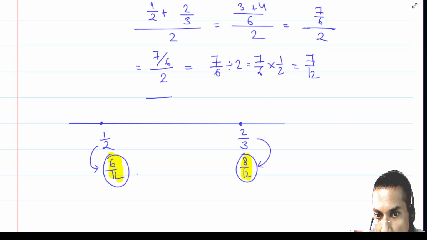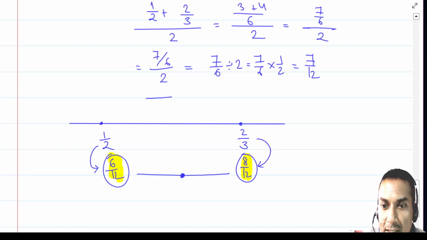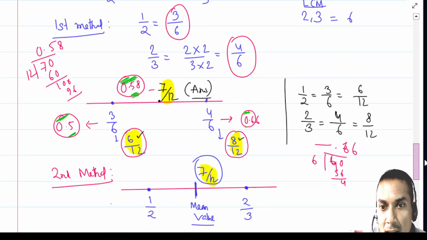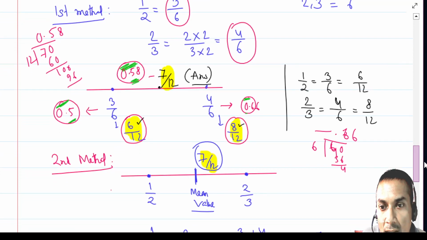To find one number in between 6/12 and 8/12, that is 7/12. But if we multiply another 2, the last values were 3/6 and 4/6.